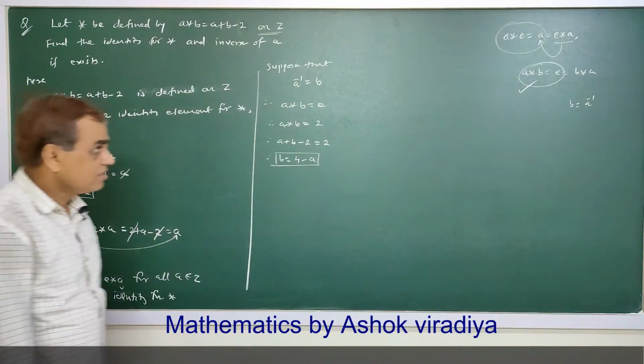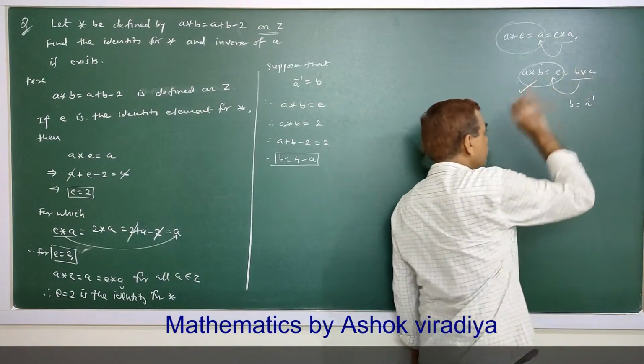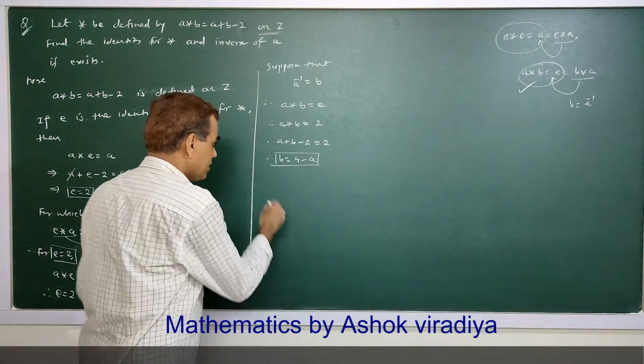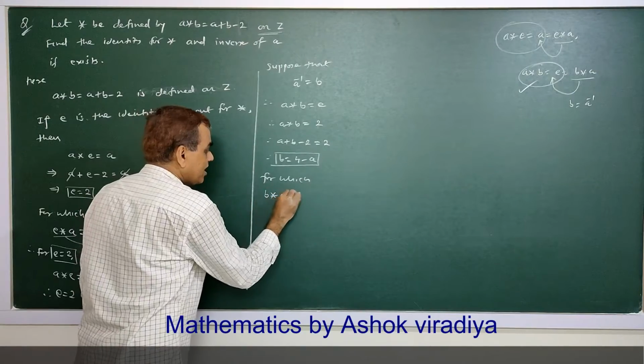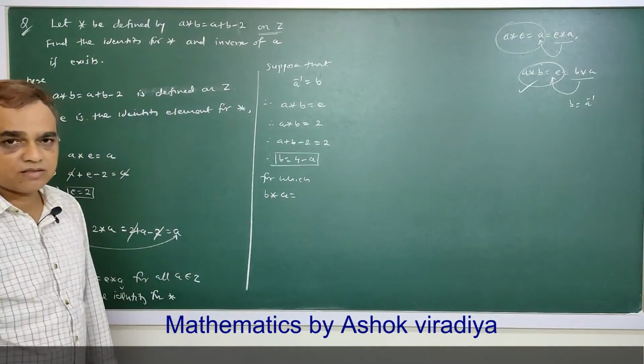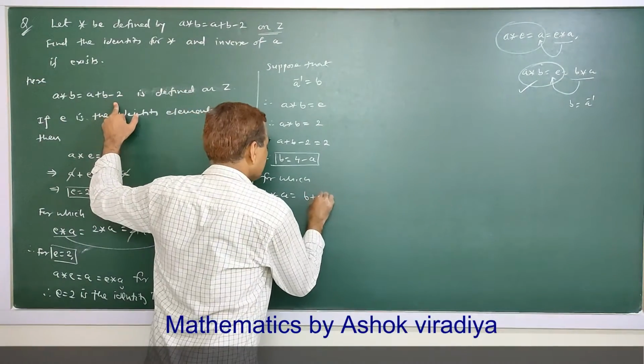Now let me check. We verify this part. For this value of B, is it true for B star A? B star A is B plus A minus 2.